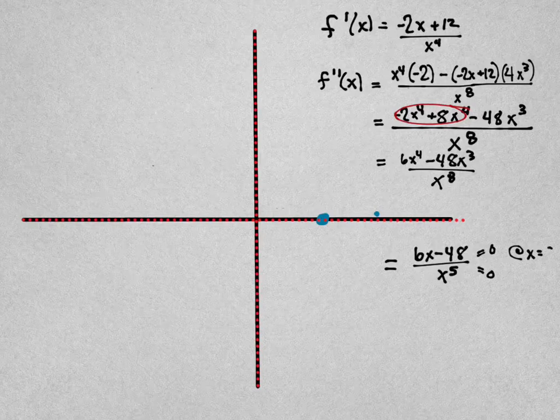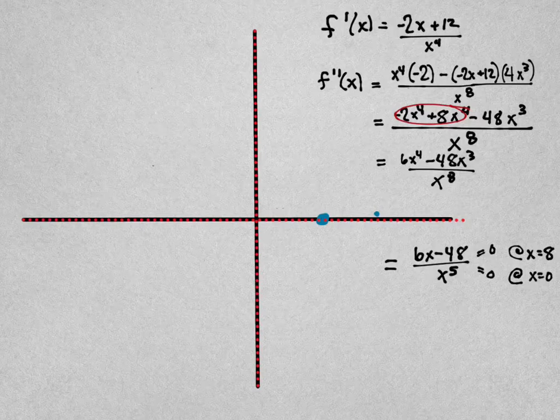At 8. Where does the denominator equal 0? At 0. And we already know what's happening at 0. I mean, it could change concavity there, but it can't be an inflection point there because there's an asymptote there.